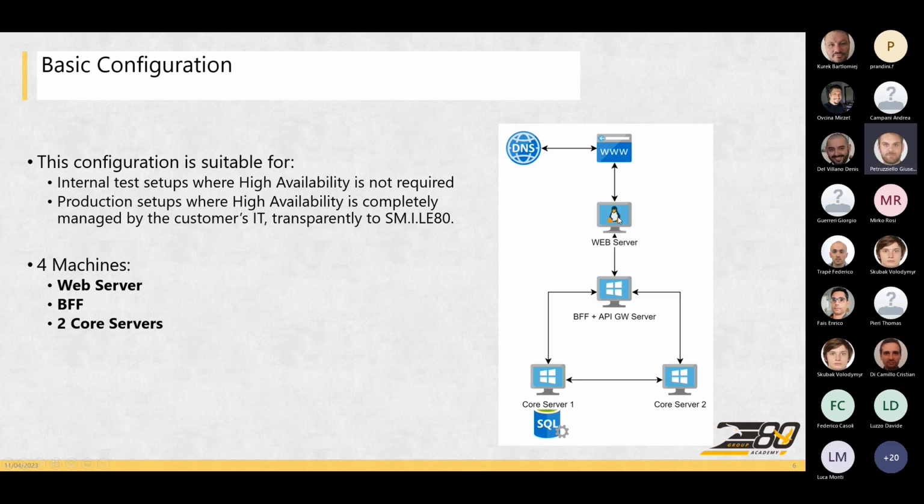One machine is named web server, and contains Nginx, the dashboard web, the API client, and Minio. It's a Linux machine, Ubuntu server. The other 3 machines are Windows servers: BFF and Core DB machine, Core server 1 and Core server 2.